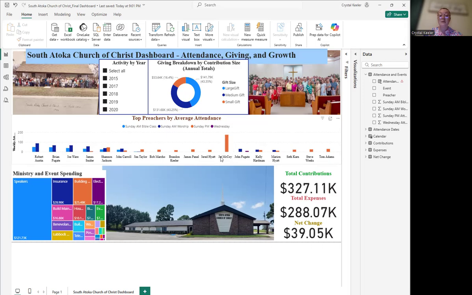At that time, he preached one sermon, one Sunday night, and had 175 people in attendance. And it's like, what's going on? Well, he hosted a youth rally at that time. So there were 175 members for that one time. That's why his is so high compared to everyone else's.